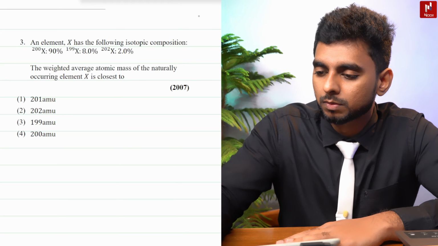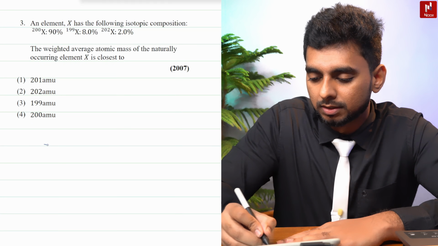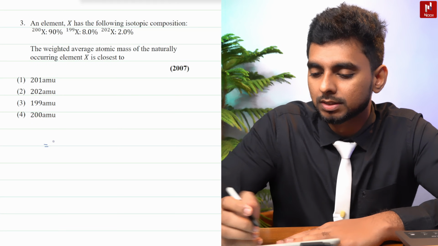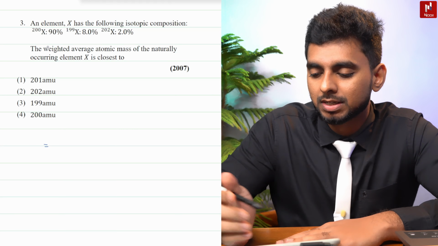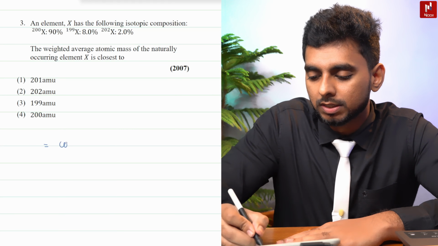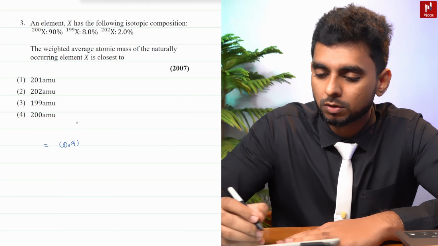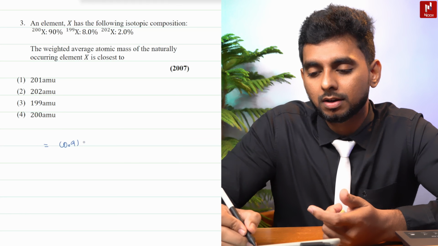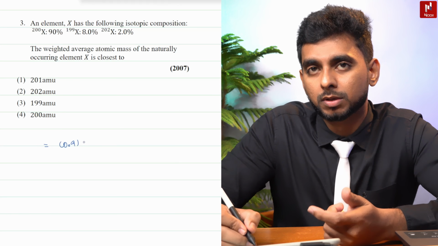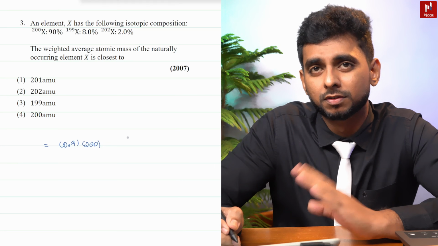If I have to get that, just do the average and you'll get the answer. We have already discussed this in the theory. That should be clear. So it's 90%. If I convert it to unity, you'll have 0.9, since 90 divided by 100 gives you 0.9. And then you have 200 atomic mass for that 90%, so that will be 0.9 times 200.